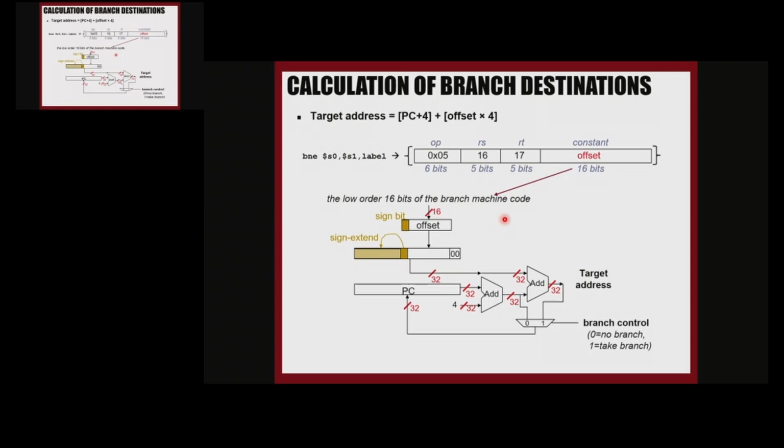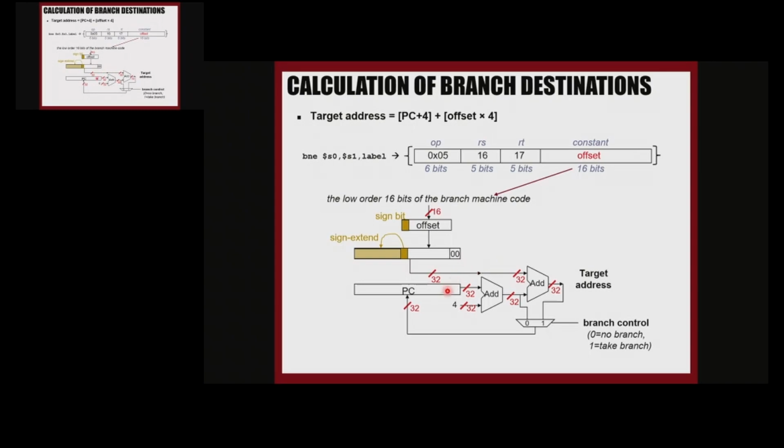When you shift it right 1 bit, you're dividing it by 2. So if you shift it left twice, you're multiplying that by 4. So right there, you're multiplying the offset by 4. Then you do the sign extension to get a 32-bit number.